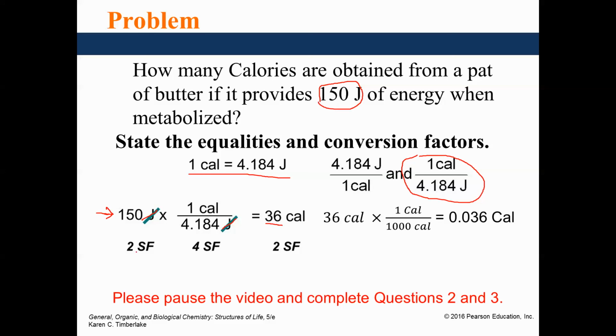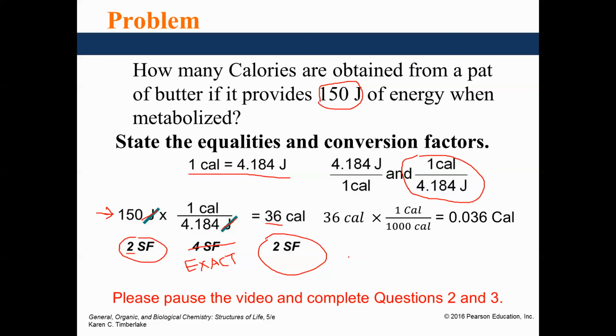And so notice we have 2 sig figs. And this one says 4 sig figs, but I believe on the previous slide this said exact. Unfortunately, there are some errors in some of these slides, and I can't fix a lot of them because of the way that they're formatted. So blame the publisher for that one. That one should actually be exact, but our answer should still be to 2 sig figs because we're limited by the 2 out here.